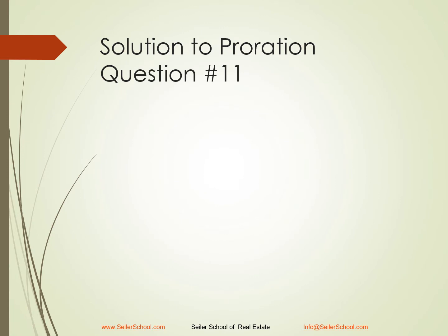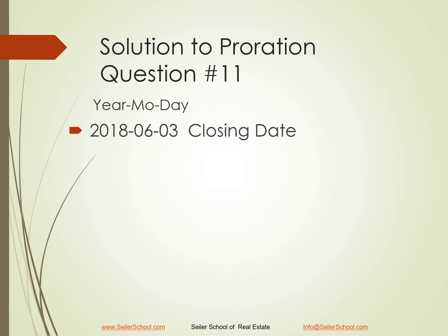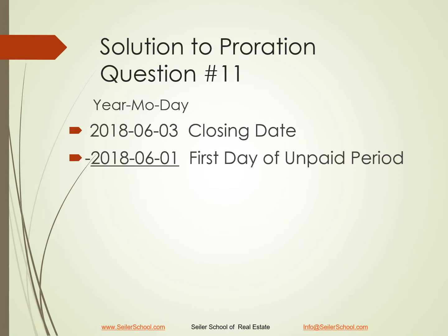The solution to proration question number 11. Our closing date is June the 3rd of 2018, so our year is 2018. June is the 6th month, so it's 06, and our third day. The first day of the unpaid period, now we have to think about this because remember, mortgage interest is paid in arrears.